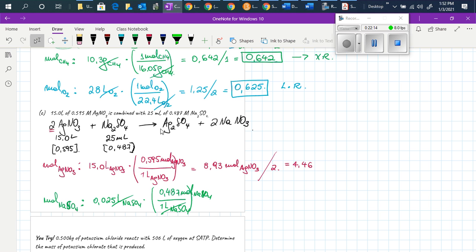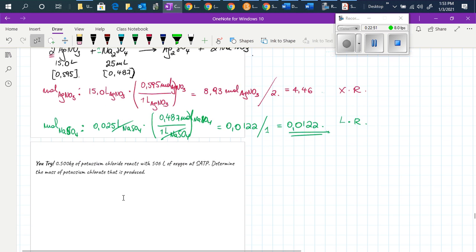So liters and liters cancel out, and we will have 0.0122, and this is divided by 1, the coefficient, so 0.0122. The moles of sodium sulfate is way lower than the moles of silver nitrate, so this is the limiting reactant, while silver nitrate is the excess reactant.